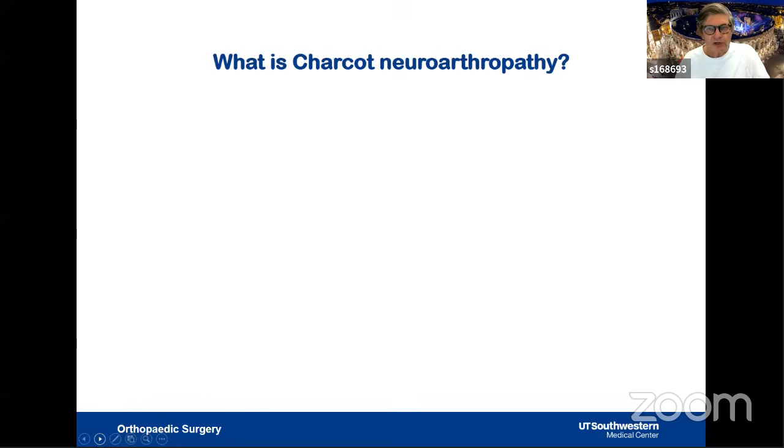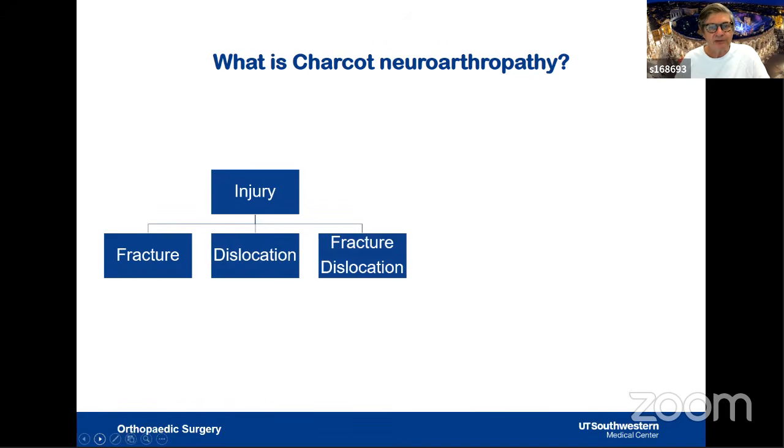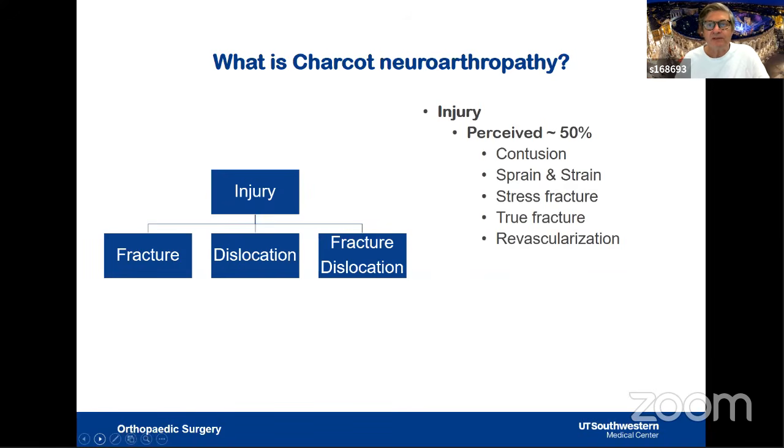So what is Charcot NeuroArthropathy? We know that there is some form of injury, and it creates either a fracture, a dislocation, or a fracture dislocation. And this injury may or may not be perceived by the patient. It could be a contusion, it could be a sprain or strain, a stress fracture from overdoing it, it could be a true fracture from a fall, or it can even occur after revascularization.